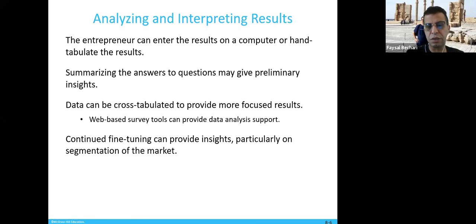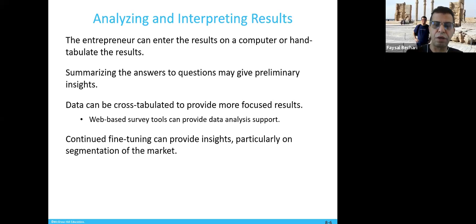Summarizing the answers to questions may give you an initial understanding inside the business, and it can be tabulated to provide more focused results. Summarizing might give you some understanding, but tabulating is when you really get focused answers, like people in the age segment of 10 to 30 have a tendency of buying this product at this time of the year.